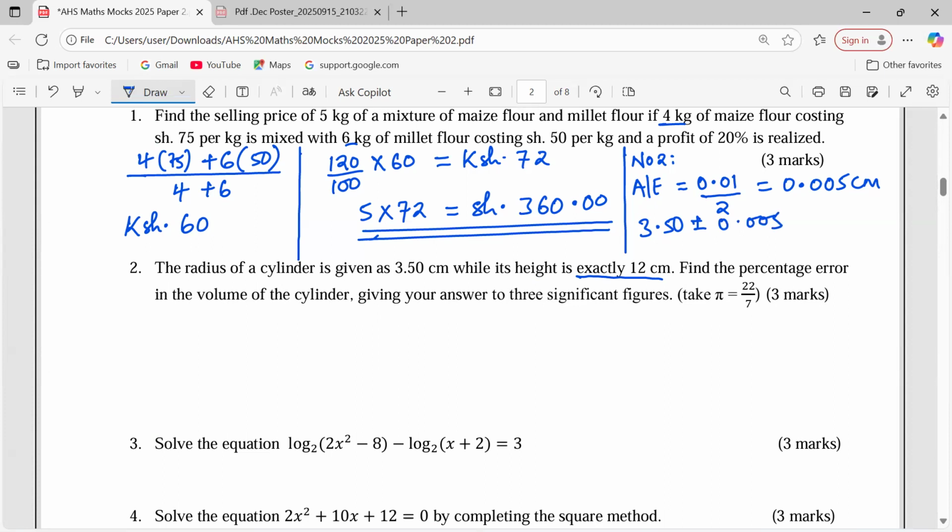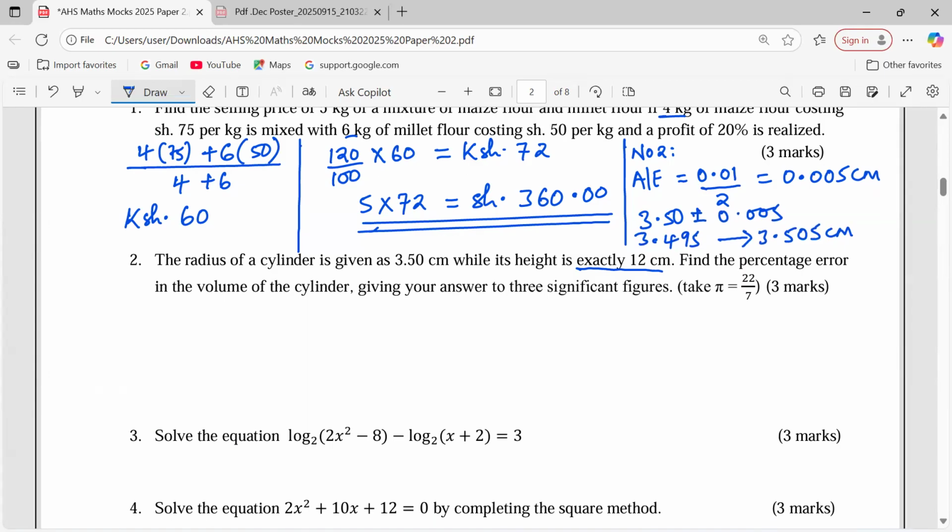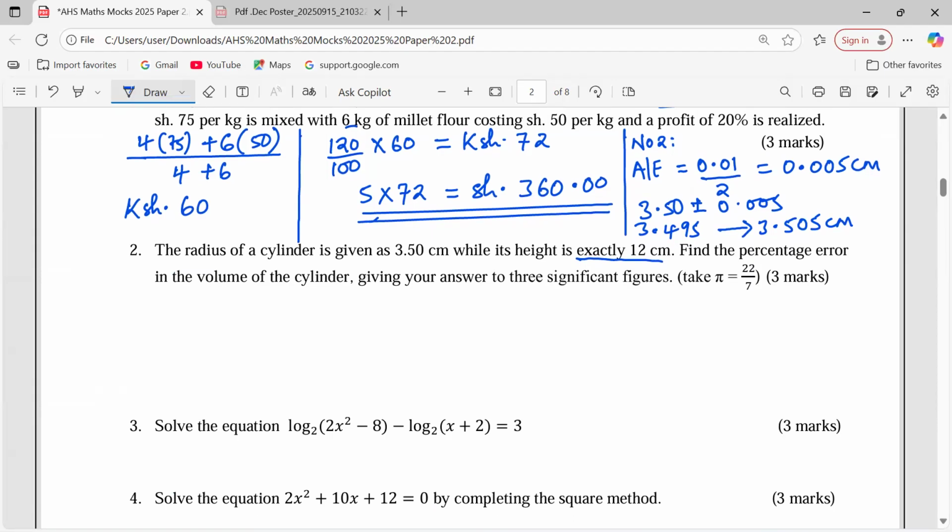So the radius will range between, when we subtract, 3.495 centimeters, all the way to, when we add, 3.505 centimeters. That is now the range: the lower limit of the recording and the upper limit. Remember, the height is exact, so there are no limits within which the height was recorded. It's just an exact value.